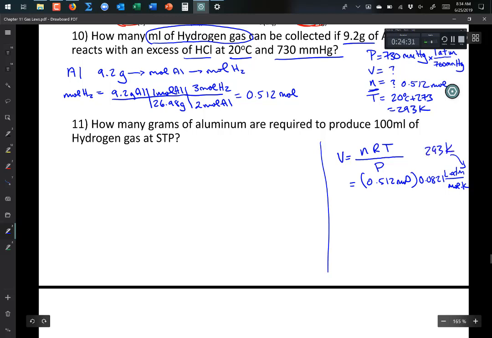So that's all multiplied together at the top. At the bottom, I need to put my pressure in atmospheres. So 730 divided by 760, and that's 0.9605 ATM. And now I can just plug all that in and calculate. 0.512 times 0.0821 times 293 divided by 0.9605.